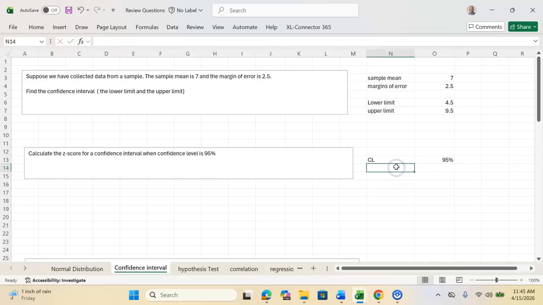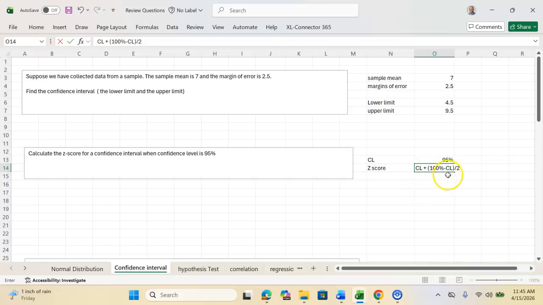To find the z-score, we can use the following formula. It is confidence level plus 100% minus confidence level, divided by 2.